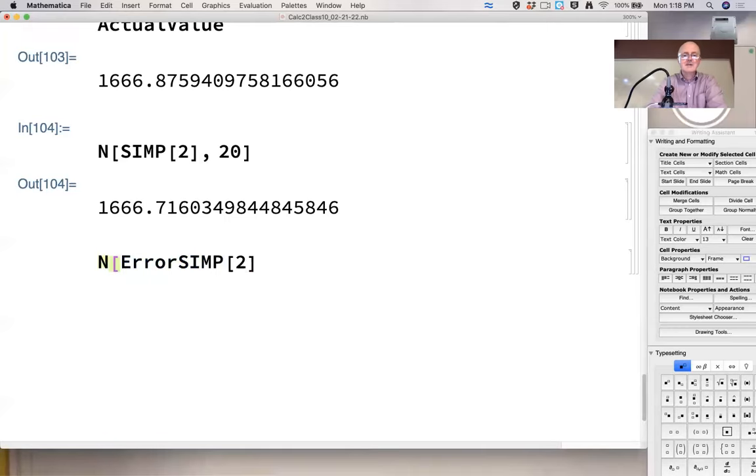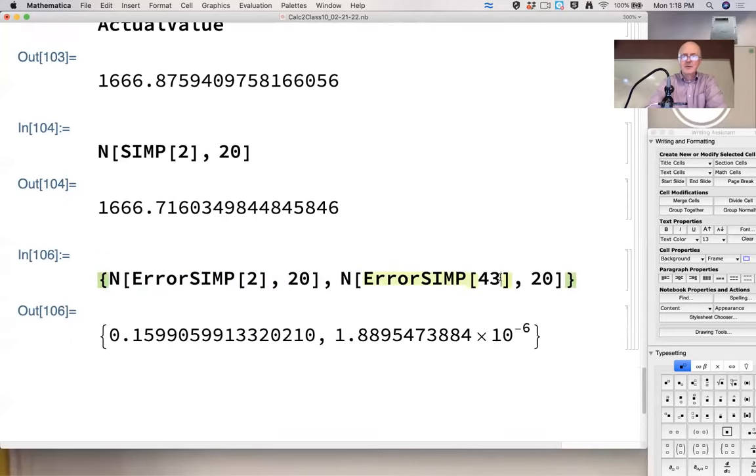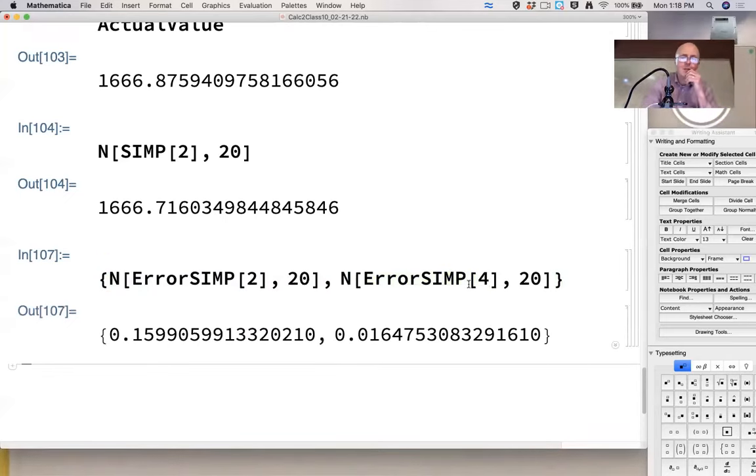When n increases from 2 to 4, say, oops, not from 2 to 43. What's happening to that error? So n is doubling. The error is going from about 0.16 to about 0.016. Seems to be going down by a factor of 10.